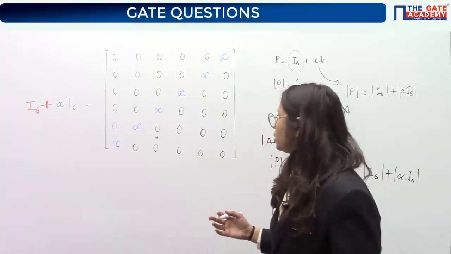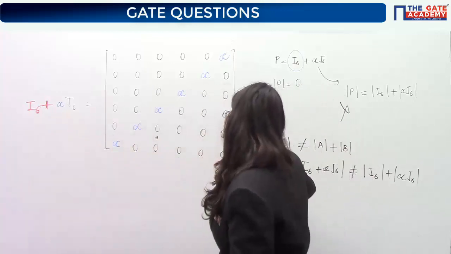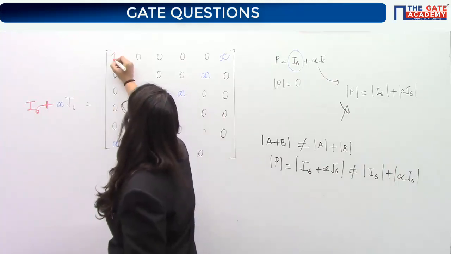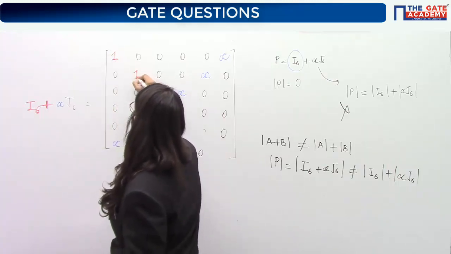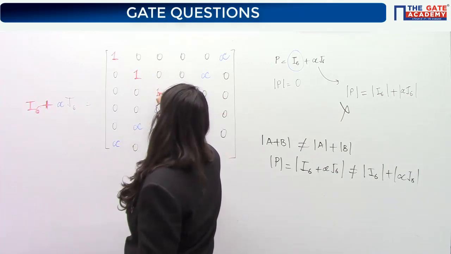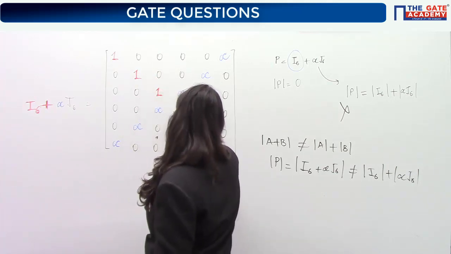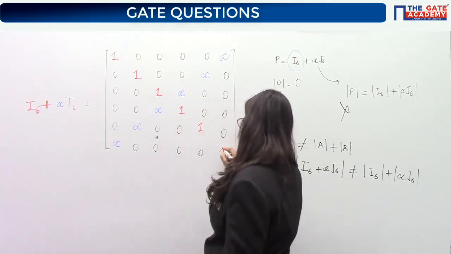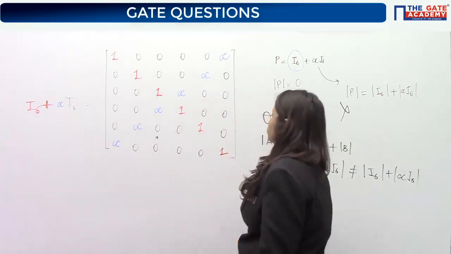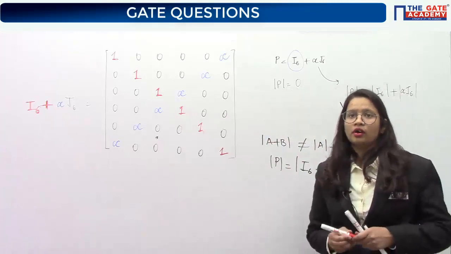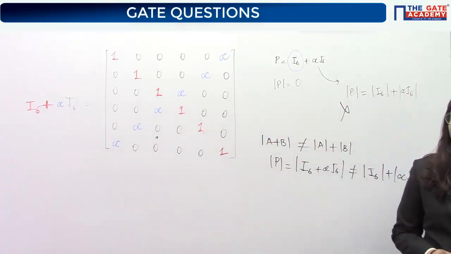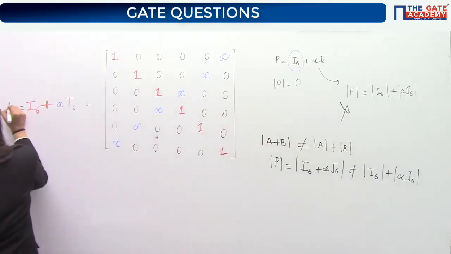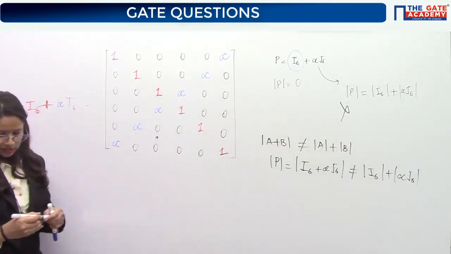So what will happen if you add these two matrices is that these diagonal elements will change to 1. Any doubt up to this point? This is nothing but your matrix P. This is your matrix P. Any doubt?